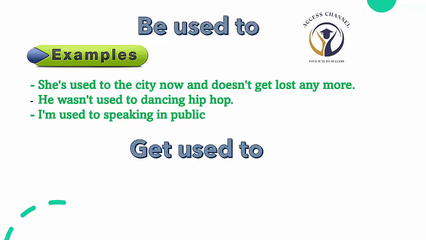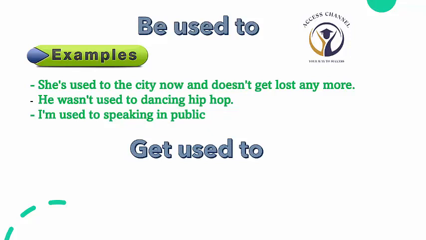The second one: he wasn't used to dancing hip hop. The third one: I'm used to speaking in public. I'm a teacher, so I'm used to speaking in public. This is something I should be familiar with. I hope that would be clear for you.